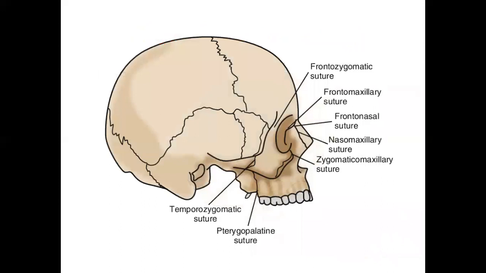That is what Fisher says. The main sutures of the craniofacial areas include frontozygomatic suture, frontomaxillary suture, nasomaxillary suture, zygomatico-maxillary suture, and frontonasal sutures. So these sutures are the areas where growth predominantly takes place.